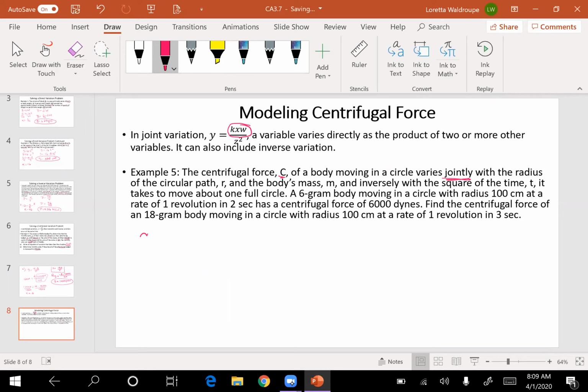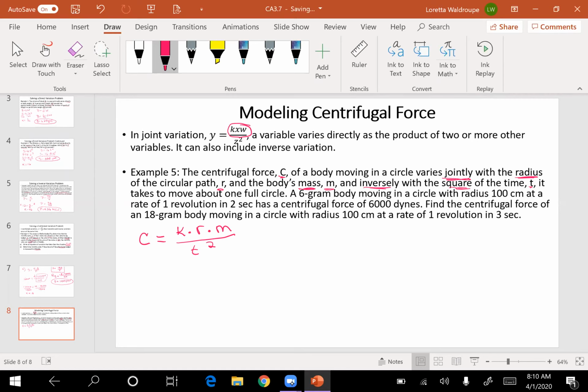So I'm going to say C equals K times jointly with the radius R and the mass M. So the jointly ones are both on top. Okay? The jointly ones are both in the numerator. And inversely with the square of the time t.